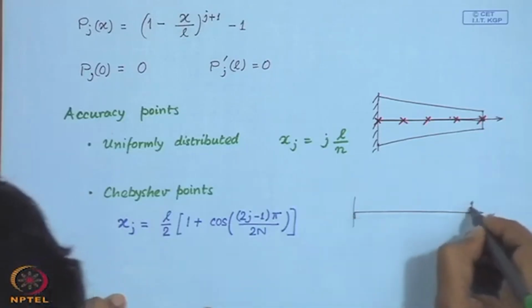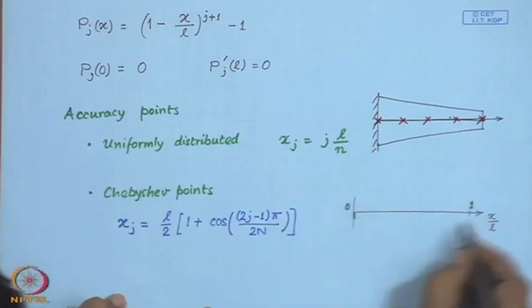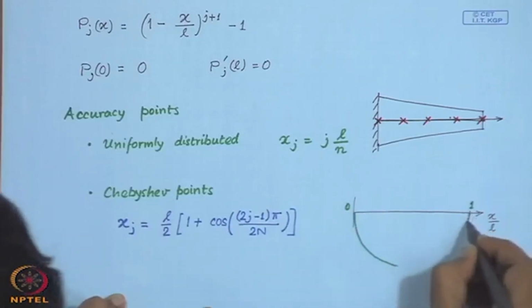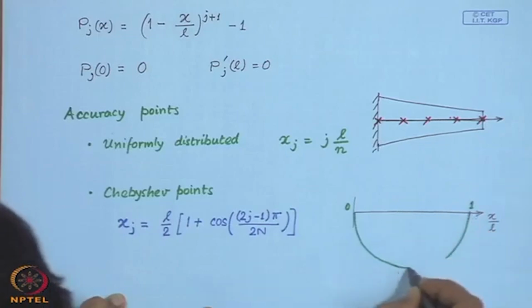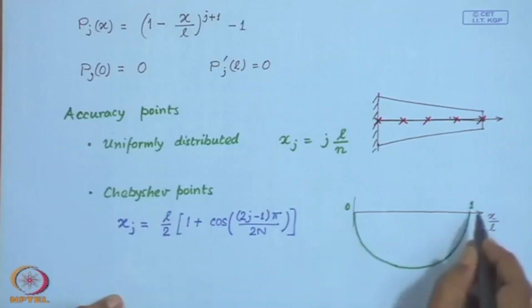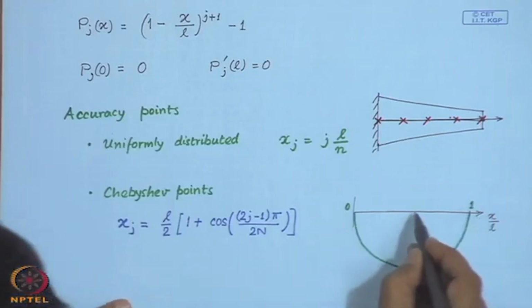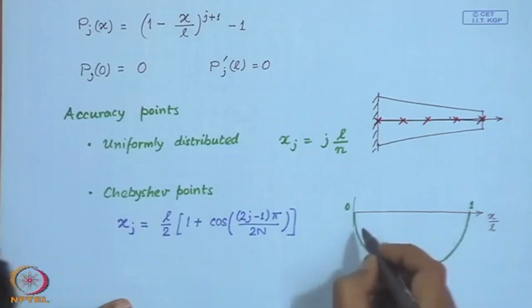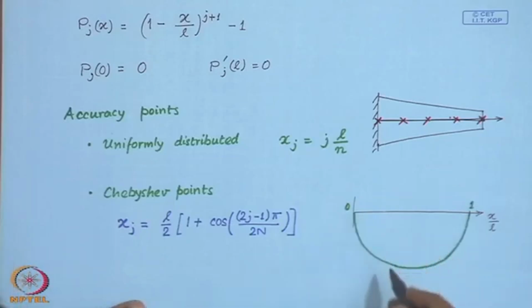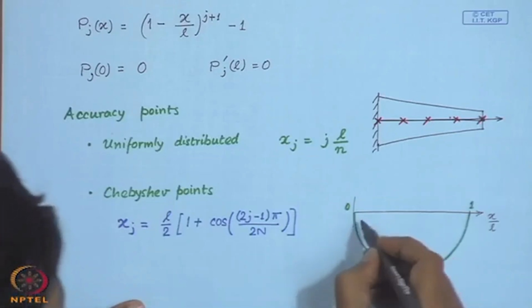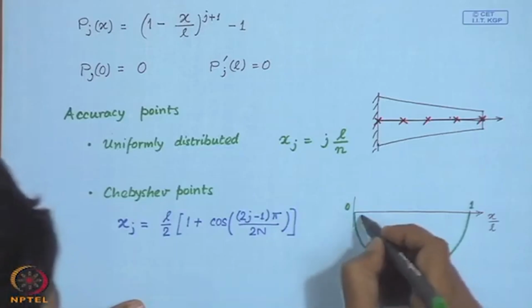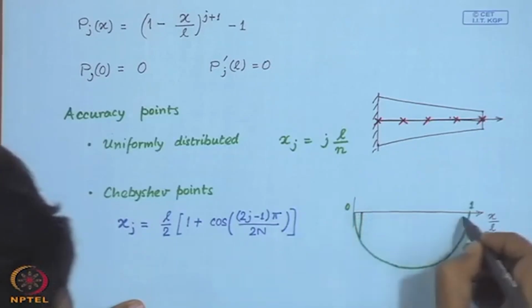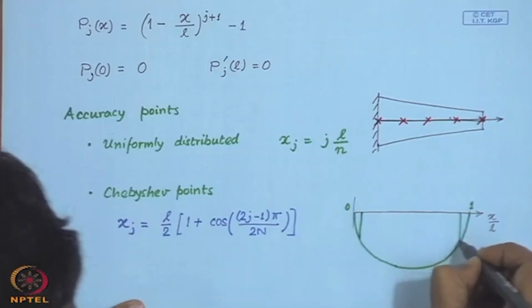This is the domain of the bar. If you draw a semicircle with this domain as the diameter, and you put in a regular polygon.